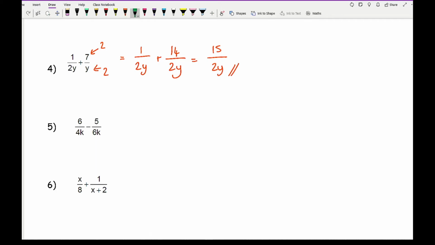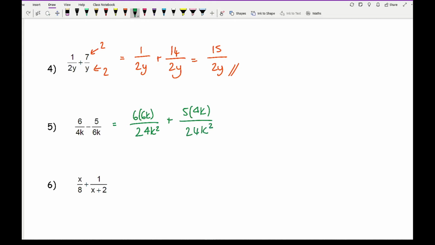Looking at question 5 again, I've got two different denominators. So what I'm going to do is I'm going to do 6 times 6x over 24k squared plus 5 lots of 4k over 24k squared.